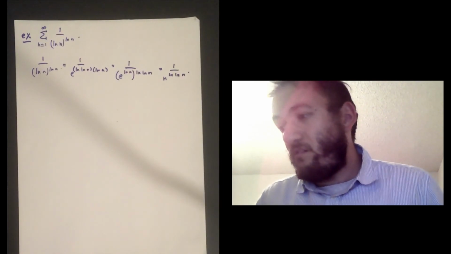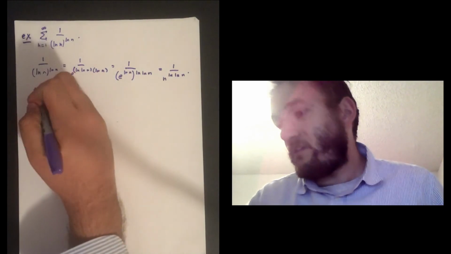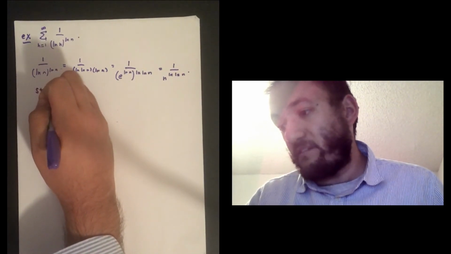Okay? Now 1 over n to the something looks a little bit like a p-series. Okay, so this is starting to look like a p-series.